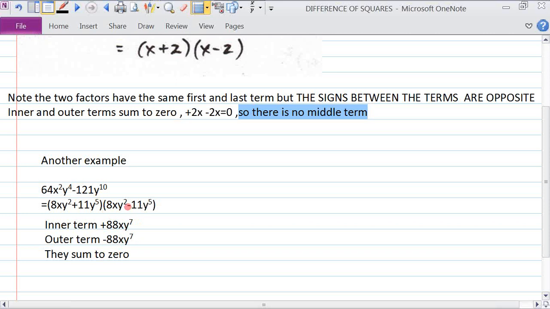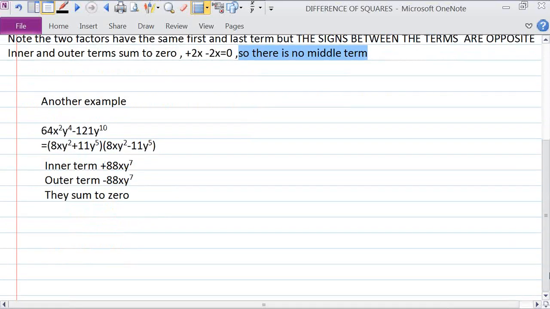And the outer term is minus 11y to the 5th times plus 8xy squared, and that gives me minus 88xy to the 7th. So the inner term and the outer term sum to 0.